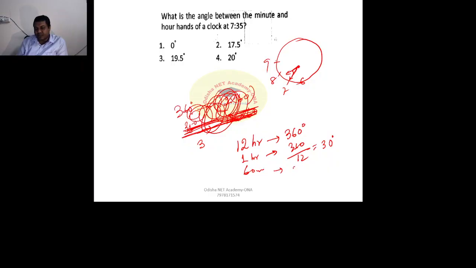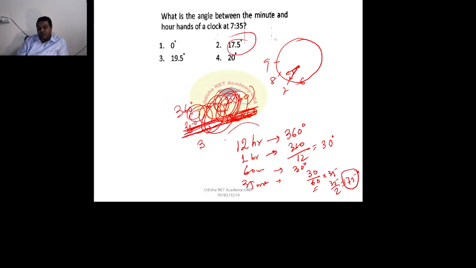For 60 minute, 30 degree. For 35 minute it is 30 by 60 into 35. So that is equal to 35 by 2, that is 17.5 degree. So this is 17.5 degree.